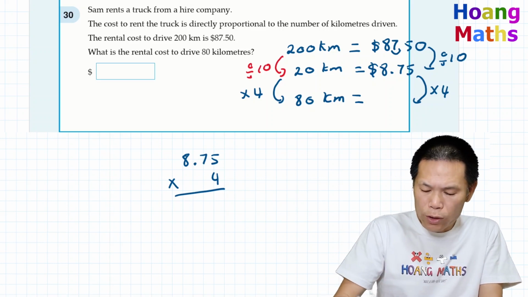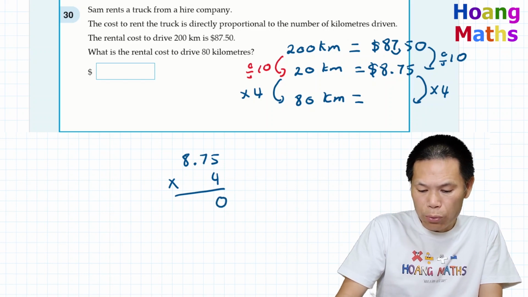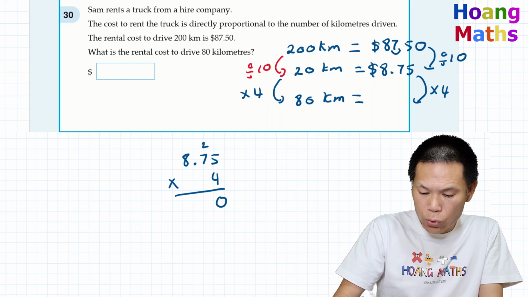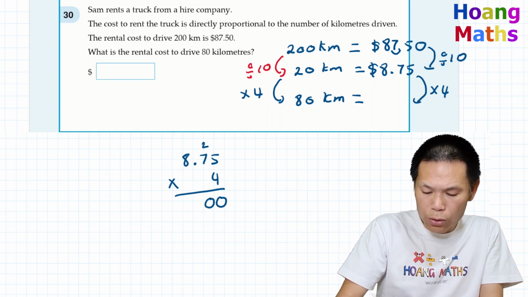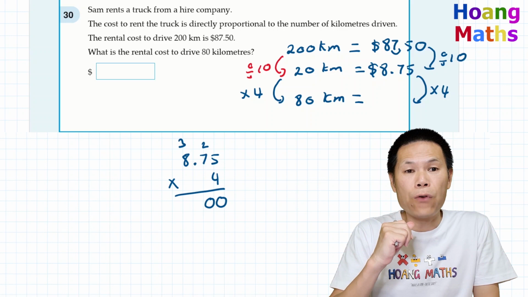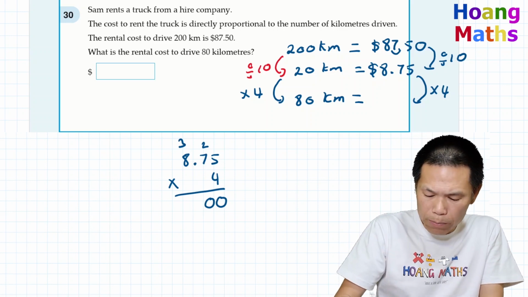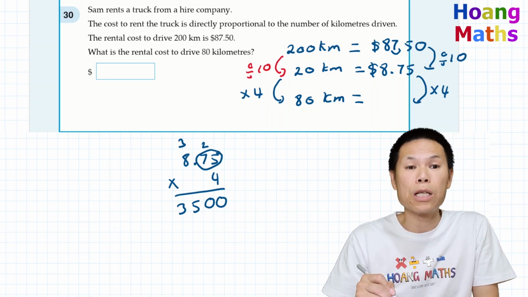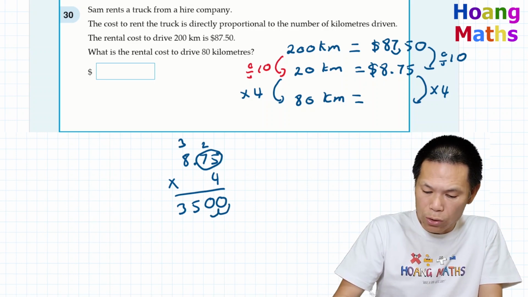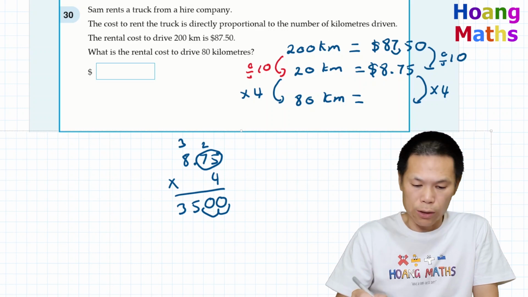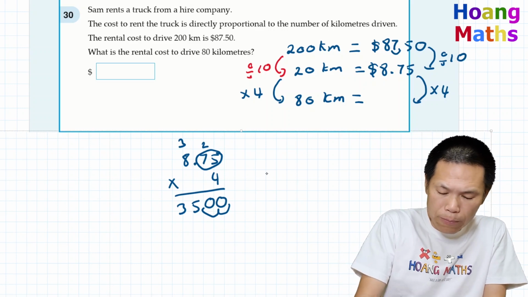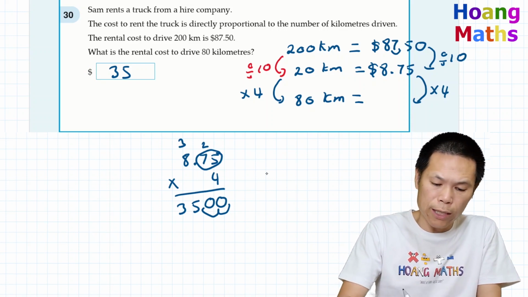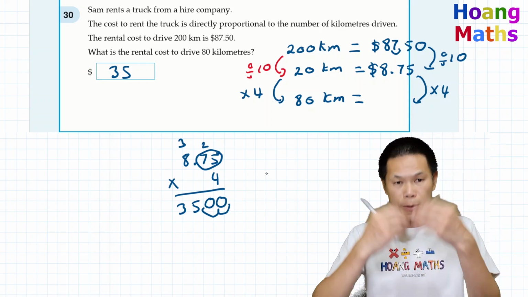So 4 times 5 is 20, put a 2 on top. 4 times 7 is 28, add 2 is 30, so put a 3 on top. 8 times 4 is 32, so that becomes 35. Then we have 2 numbers after the decimal point, so we move 1, 2. So $35. The answer is 35, and we have a dollar sign in front already, so writing down 35 will do. There you go.